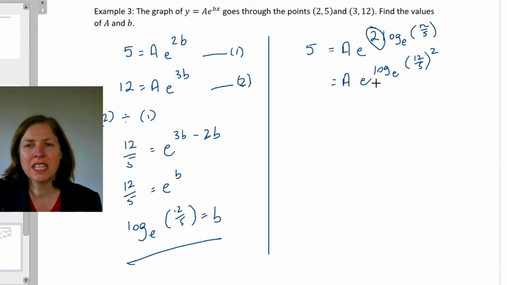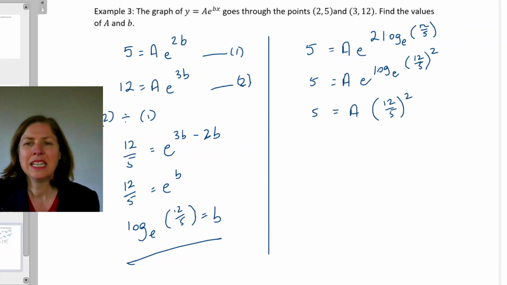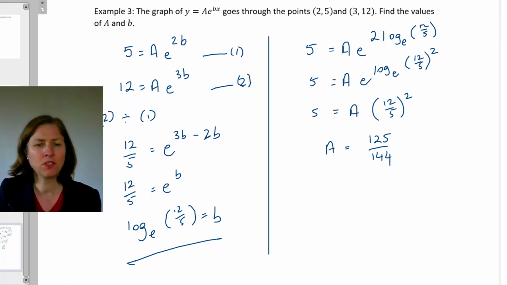That leaves me with this expression, a times e to the power of log base e of something. Now, e to the power of log base e of something, that's an inverse operation, which means it cancels each other out. So what I'm left with on the right-hand side is a times 12 fifths squared. I simplify that and I get a is 125 over 144, and I've solved it.